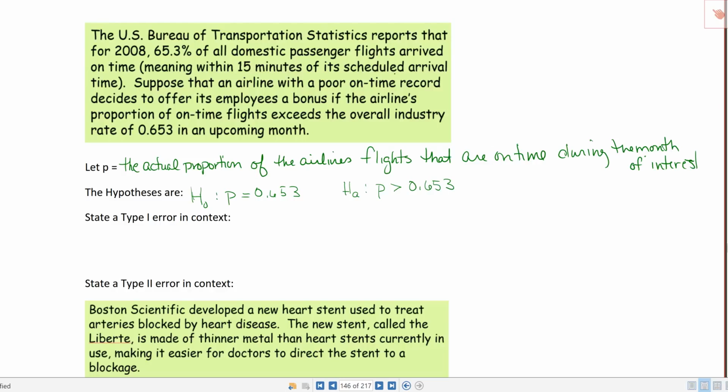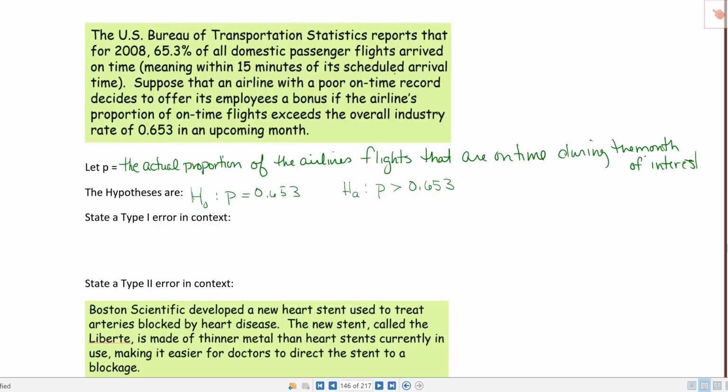Because they're going to give a bonus to those employees if they can get a higher percentage than 65.3%. Okay, so remember what a type 1 error is. A type 1 error is rejecting the null hypothesis when it was actually true.